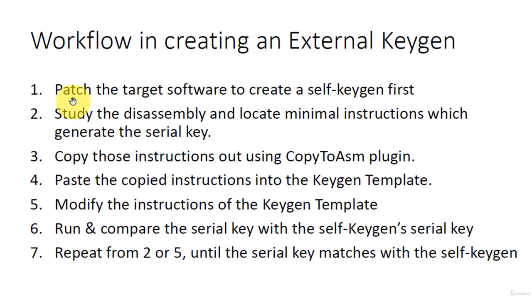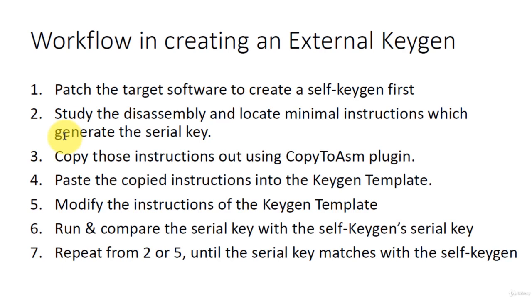That way, based on the observation of the output of the serial key from the self-keygen, you will get a better understanding of how the serial key is being generated. You can also use the self-keygen to test your external keygen when doing the coding.